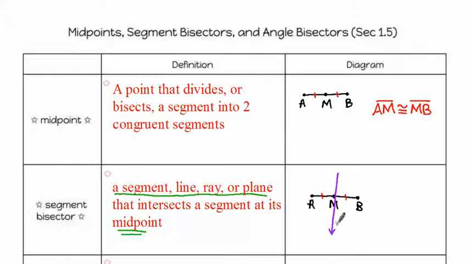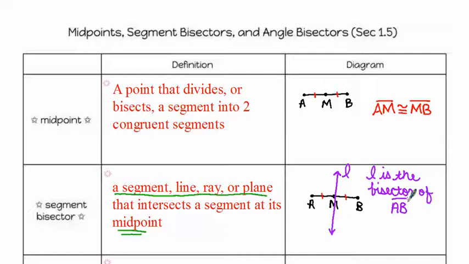Like so. I'm going to draw a line in this case. So this line L is the bisector of segment AB. And keep in mind, it is not the one and only bisector. It's one of many.